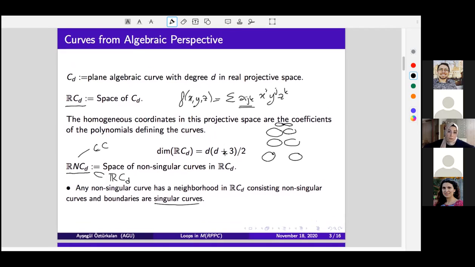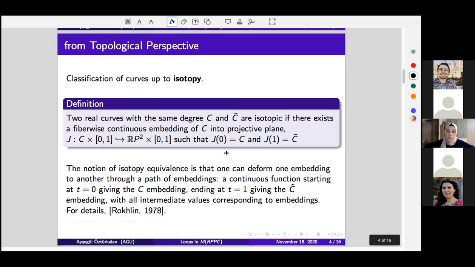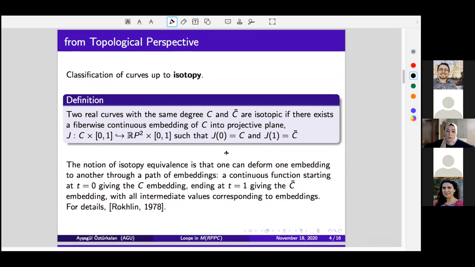This is from the algebraic perspective, but whenever we look from the topological perspective, we use the notion of isotopy. Let me remind you what isotopy is. This is the formal definition. Two real curves with the same degree are isotopic if there exists a fiber-wise continuous embedding of C into the projective plane, such that the starting point is C and the ending point is C tilde.